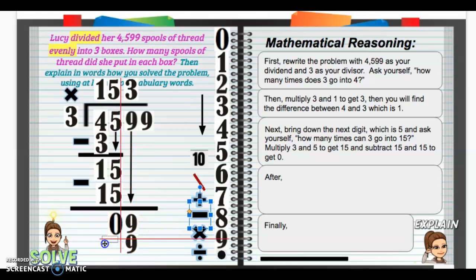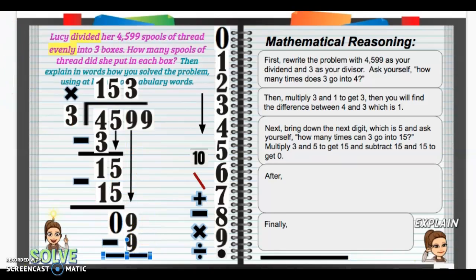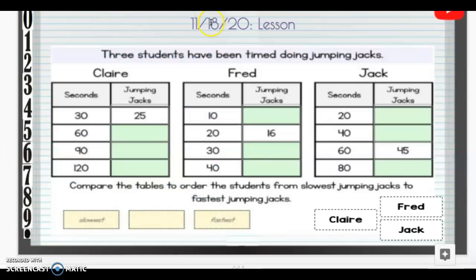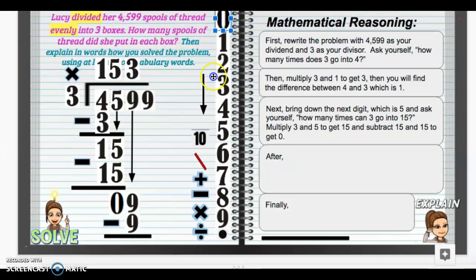And then you will subtract 9 minus 9. And again, you'll have a smaller line to put there. And you'll get 0.